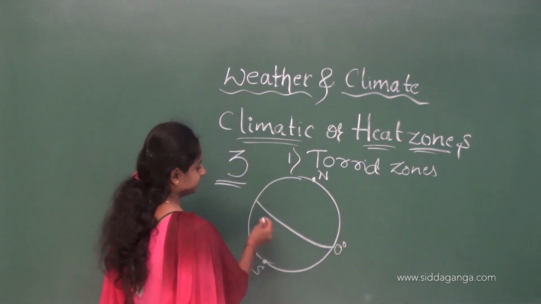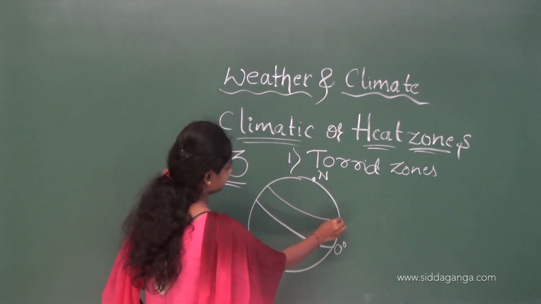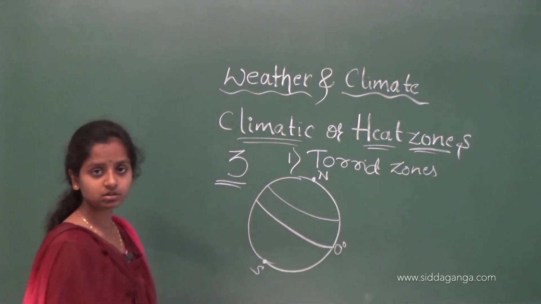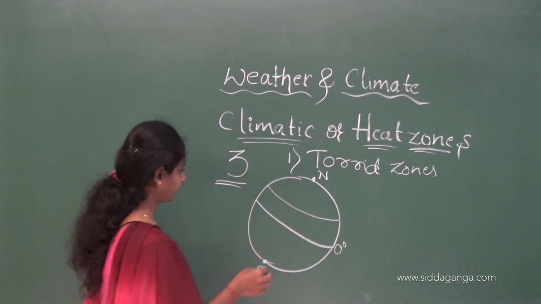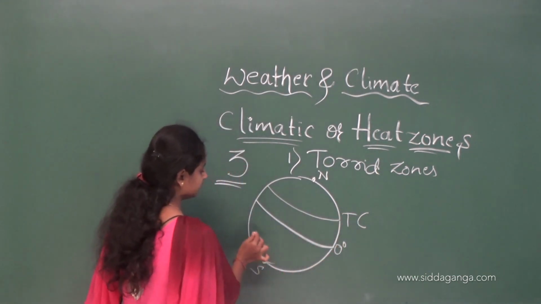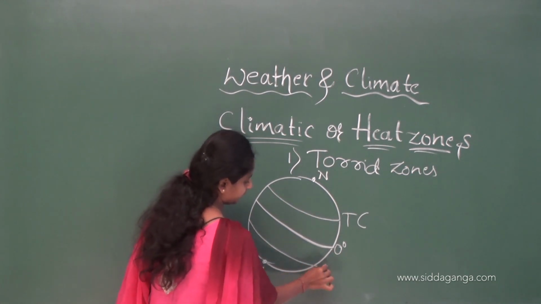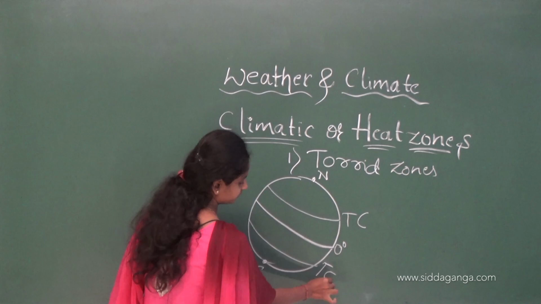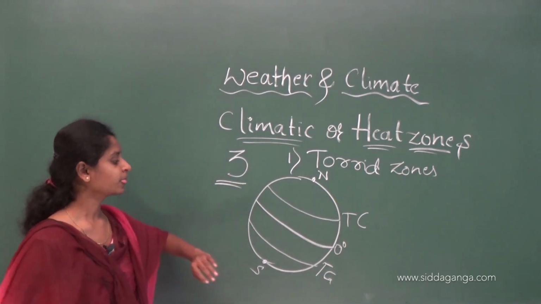Now, here, will the Tropic of Cancer or Capricorn come? Here in the north, the Tropic of Cancer will come, and here in the south, the Tropic of Capricorn will come. That you have studied in the previous classes.